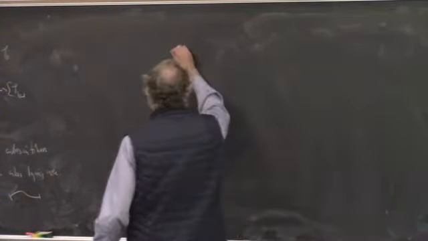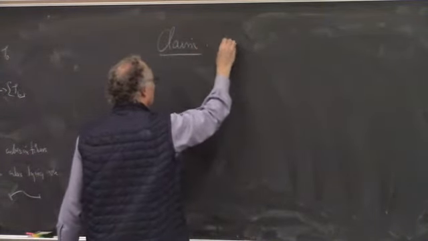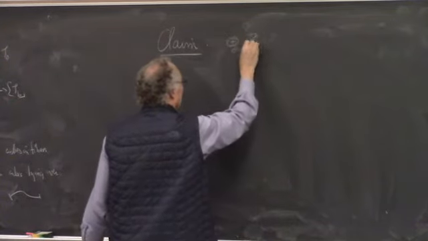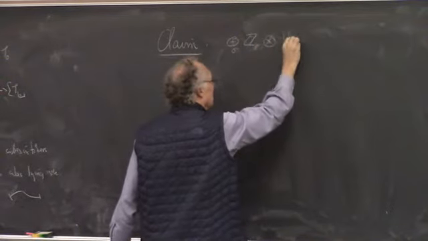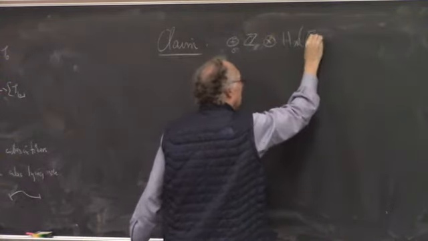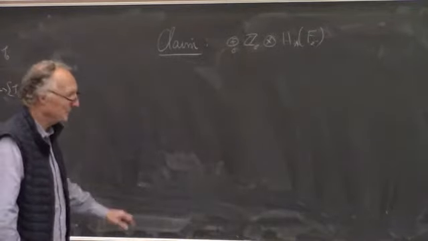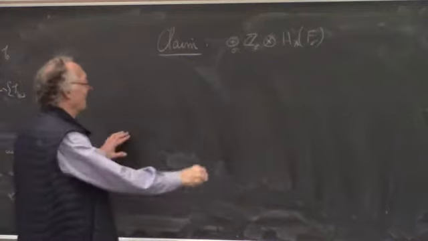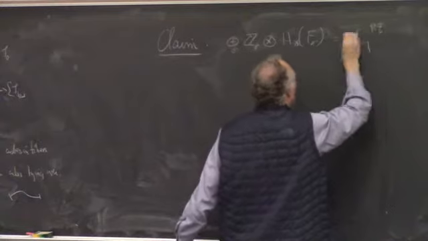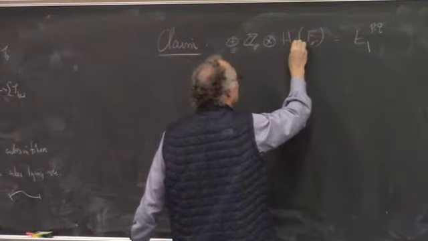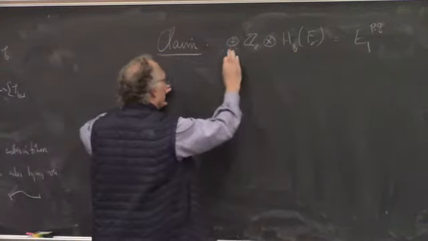But I claim that E1 is the direct sum over sigma of Z indexed by sigma tensor the homology of F sigma, where these are the non-degenerate simplices.